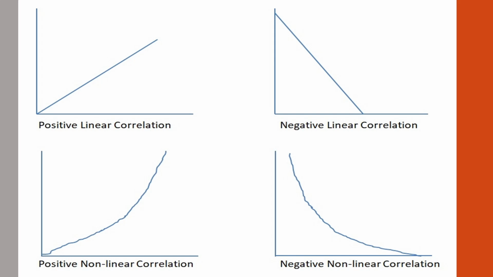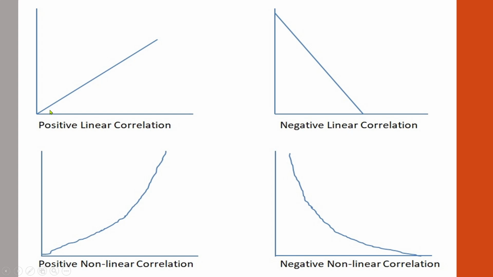That is the concept of positive and negative. Next one. Here it is a curve. Here it is a straight line. A curve is known as non-linear correlation, and a straight line graph is known as linear correlation.